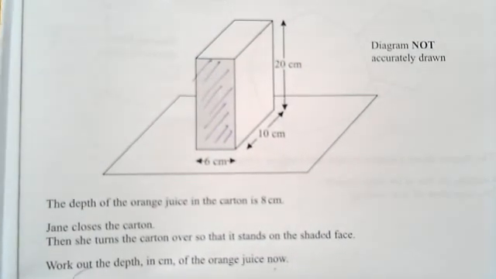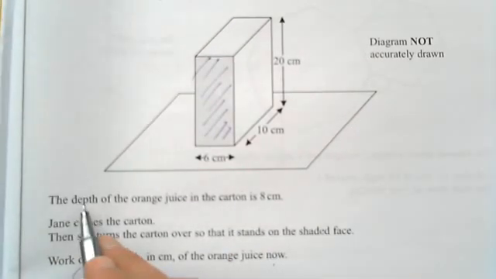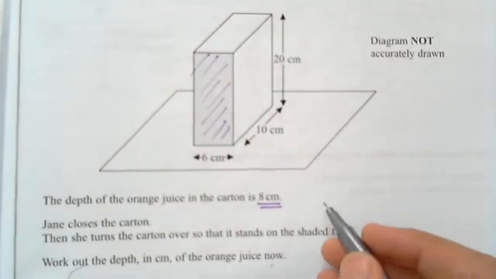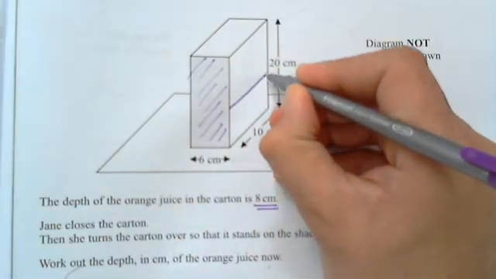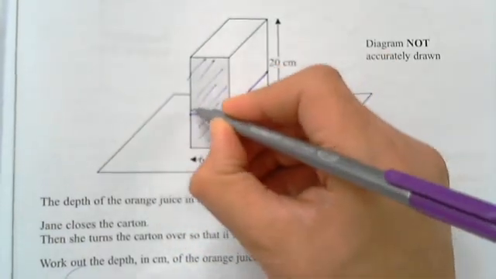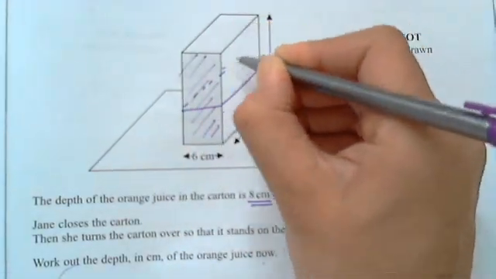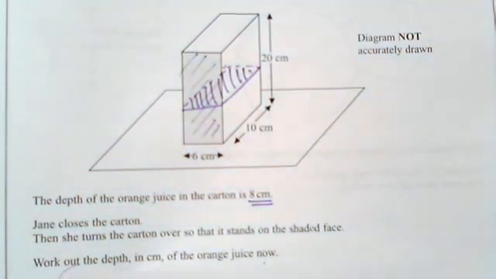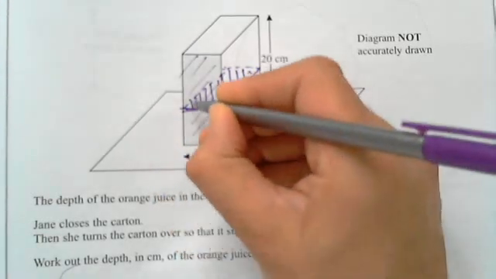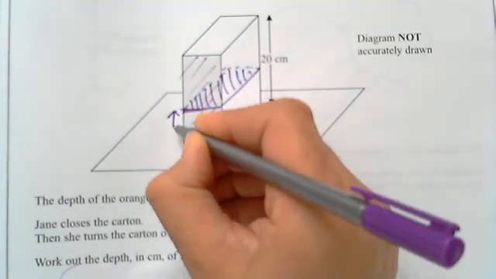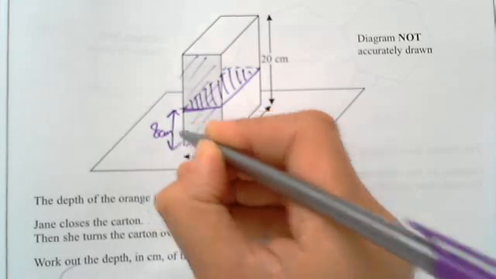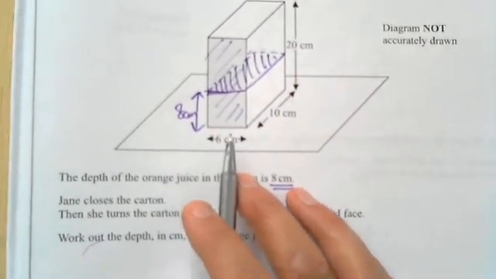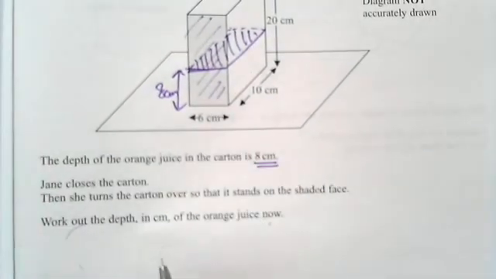Okay. First of all, we know the depth of the orange juice in the carton is currently 8 centimeters. So if you want to work out the volume of the juice in the carton, we need to use our traditional formula.